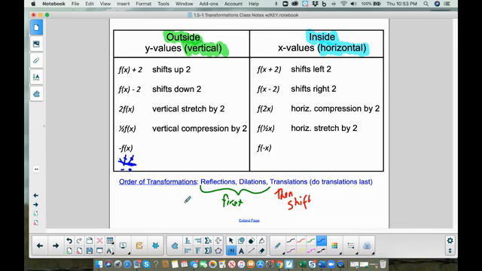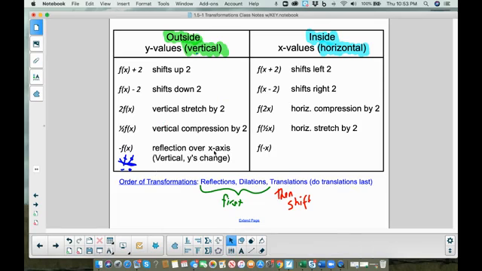That really seems to confuse a bunch of people. If it's a reflection over the x-axis, your y values change, so it goes with all this vertical stuff. So let's get this back to here. That would give you a reflection over your x-axis, which is a vertical change, changing all your y values.